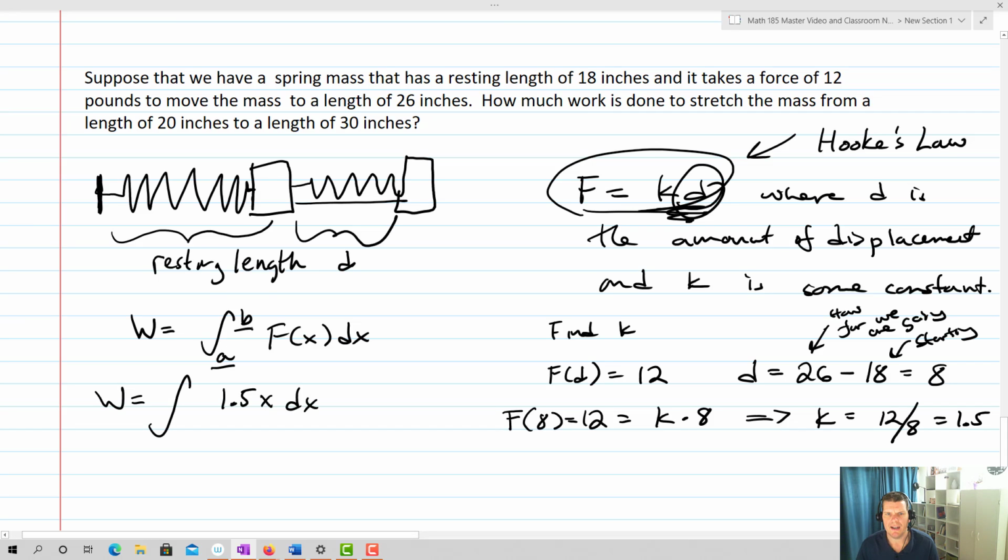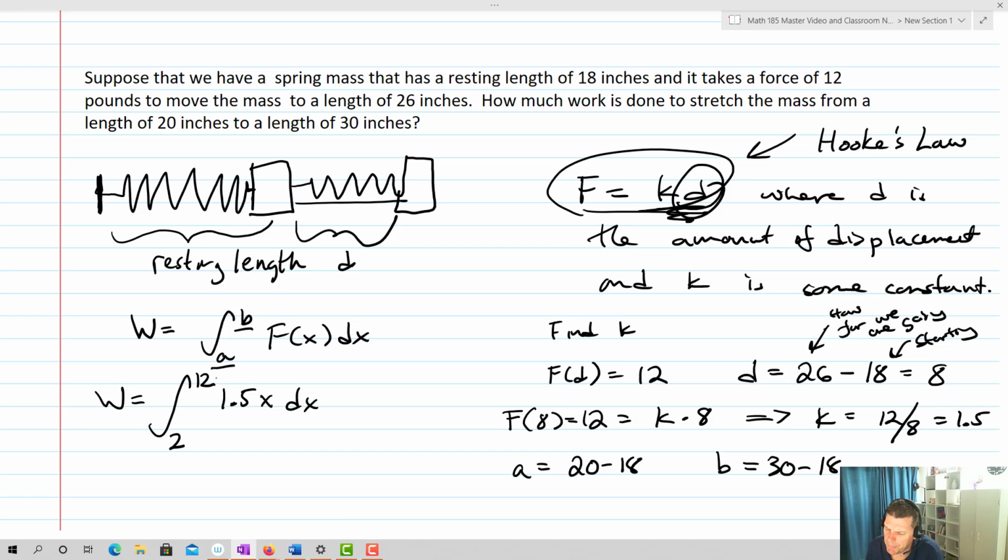Well, a is the smallest amount that we're going to displace, and b is the largest amount. So our a is going to equal 20 minus 18, because we're stretching our spring 2 inches from resting, which gets us to 20. And our b is going to equal 30 minus 18, which equals 12.